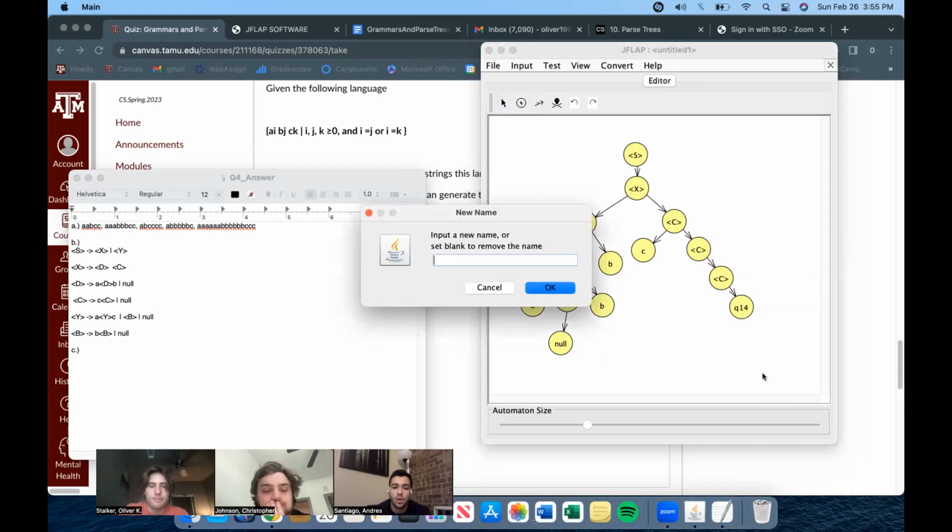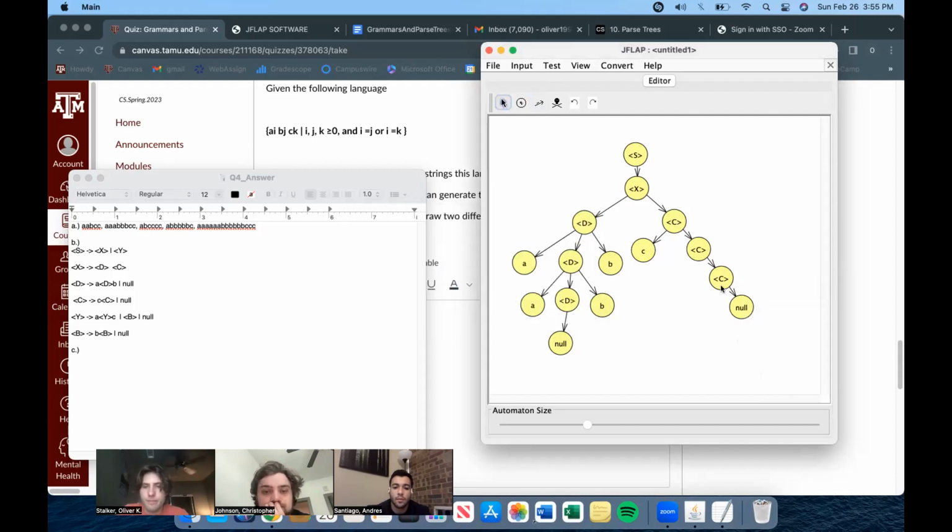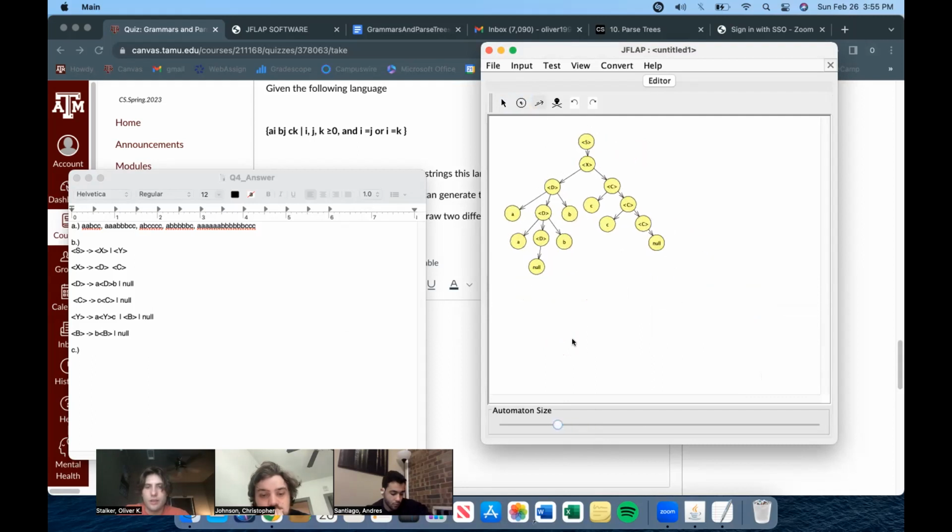This would be no, right? And then one of the C's points also to C, yeah. And then we need the other tree, yeah. All right. Okay. Let me move that a little bit.